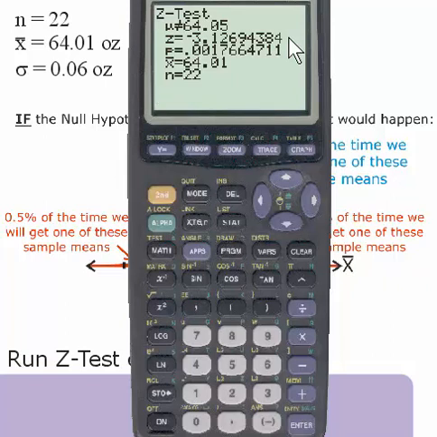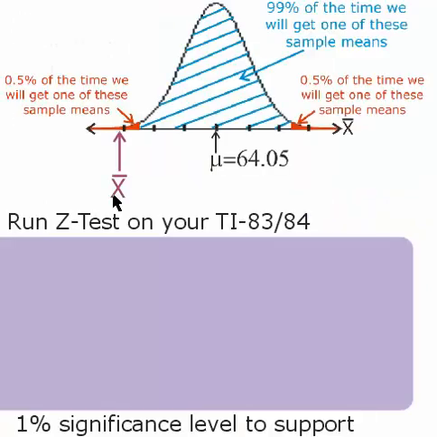Our sample mean is 3.12 standard errors below the hypothesized population mean. If the null hypothesis were true, is that unusual? That would be very unusual.